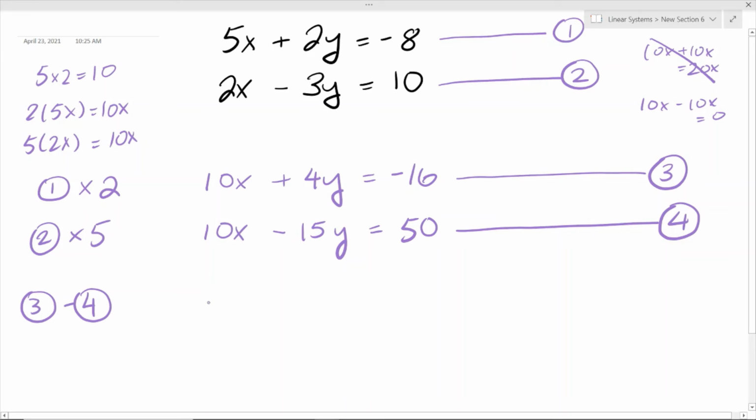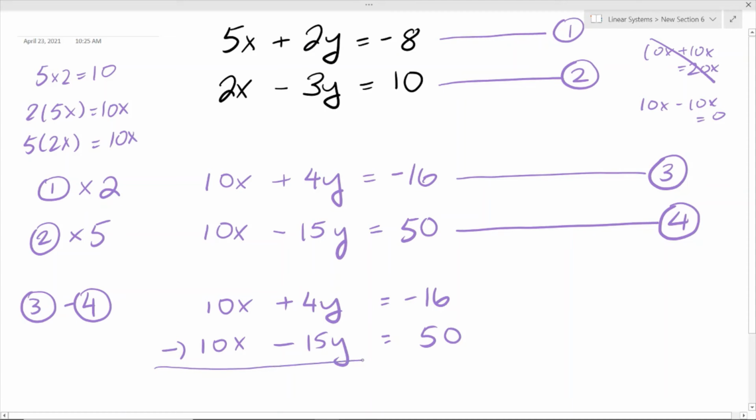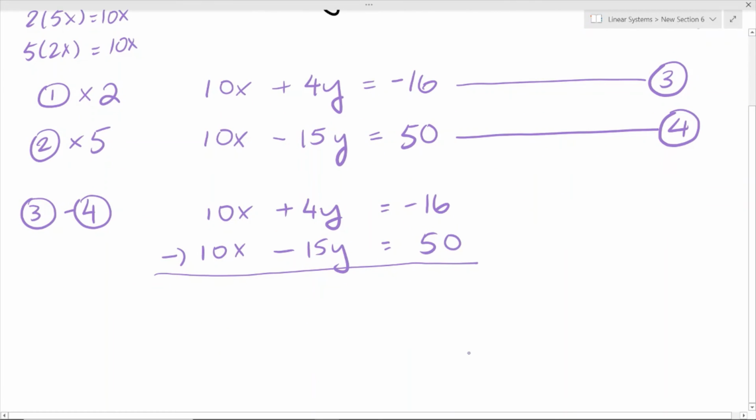So I'm going to rewrite 10x plus 4y equals negative 16, and then 10x minus 15y equals 50. Subtract, so a subtraction sign, like that. And then I'm going to subtract, so 10x minus 10x is just going to be 0, so there's nothing here. 4y minus negative 15y. Remember, there's a negative here, and there's a negative here.